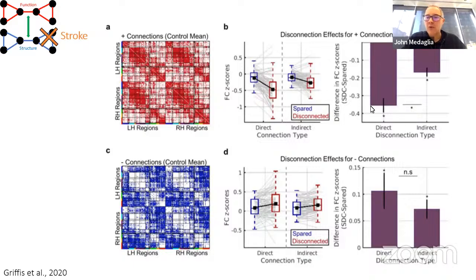So basically, what they were showing is that if you've got differences in functional connectivity here all the way on the right, I'm looking at now, the structural connections are spared here. We've got two types of disconnections, and we tend to see that the direct disconnections give you the more prominent decrease in functional scores, and then there's some residual in the indirect connections in this direction.